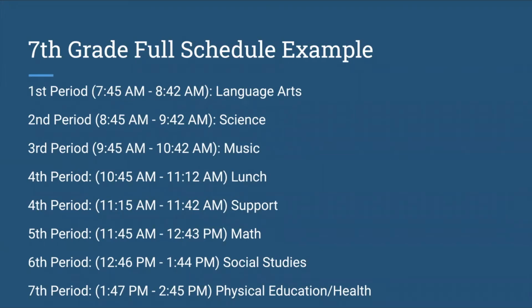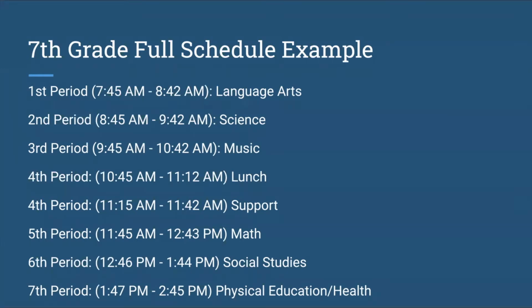And then third period, if you are taking music, will be your music class. Fourth period, you will have 27 minutes for lunch, and then another 27 minutes for support class. So that will also always be fourth period. Fifth period, you could have another core class, math maybe.